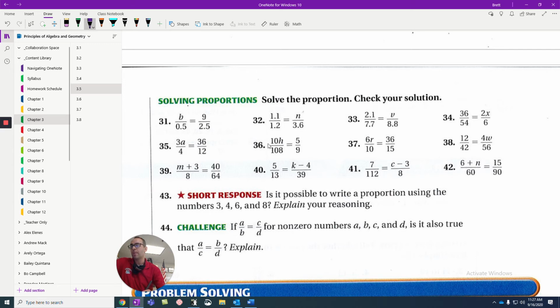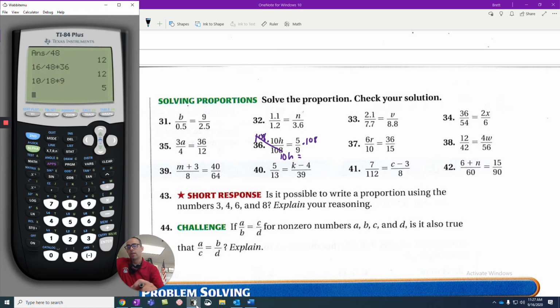Whatever's underneath my H, I want to multiply that over. So I'm going to times by 108, times by 108. The difference is, instead of getting H, I now have 10H equal to, and whatever we get out of our calculator here, 5 divided by 9 times 108 is 60.